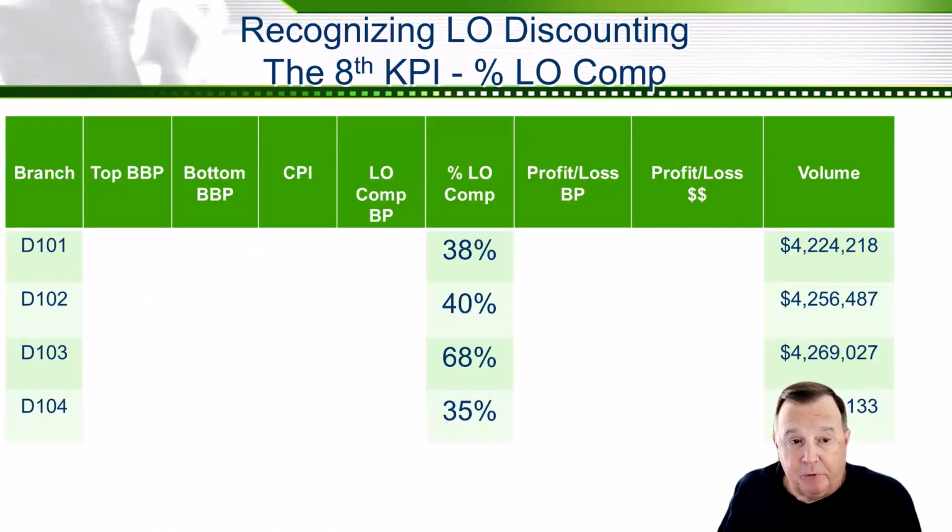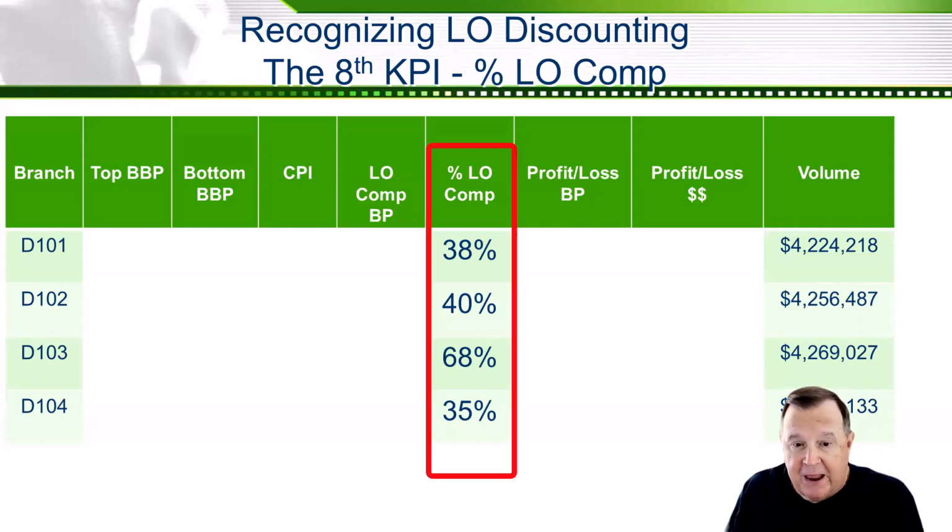Now, as we go deeper on these 8 key performance indicators, I've blurred out these sections here so we can just focus on this one column and the amount of volume that these branches had. This was a column that I added. I originally only had 7 key performance indicators, and I added this 8th one for our old school loan officers, which is where I came from, old school branch managers.